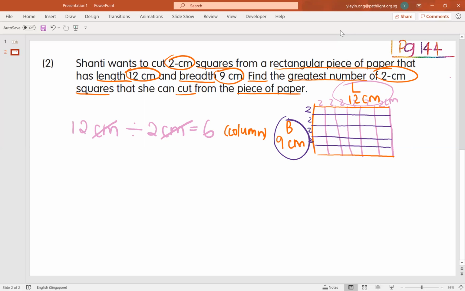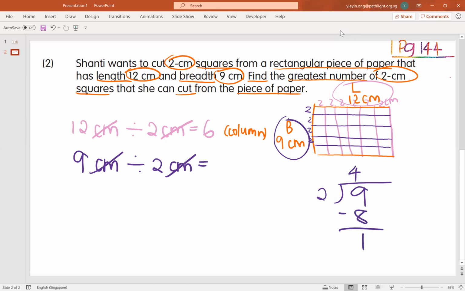You can see that 9 centimeters divided by 2 centimeters, centimeter divided by centimeter, cross out. 9 divided by 2 is not going to give me a whole number. So I can do my working. I will get 4 remainder 1. So I can write down 4R1 or 4.5.